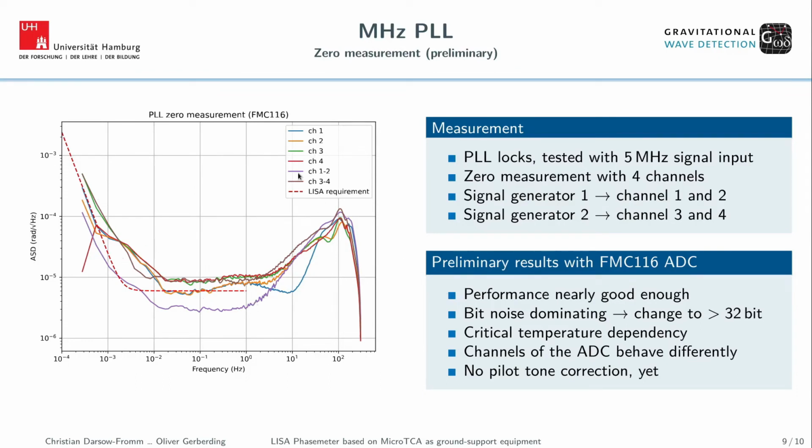You can see here at least the difference between channel 1 and 2 is mainly below the LISA requirement, and that with the FMC 116 ADC card. So the final hardware will get better, but we are already close to the performance.